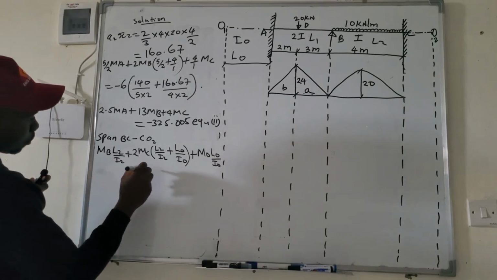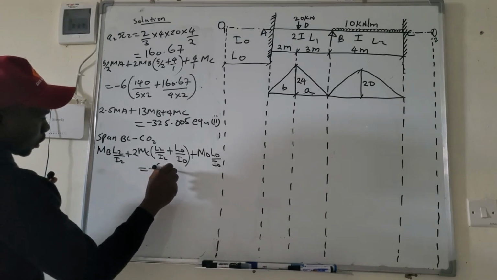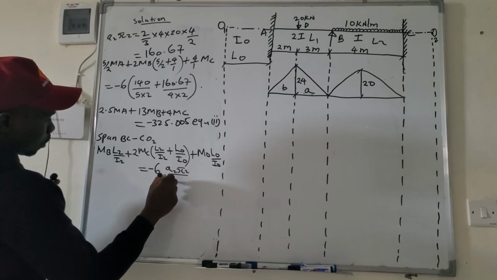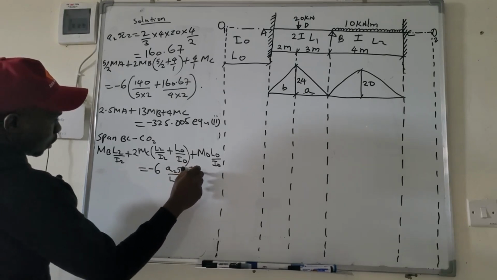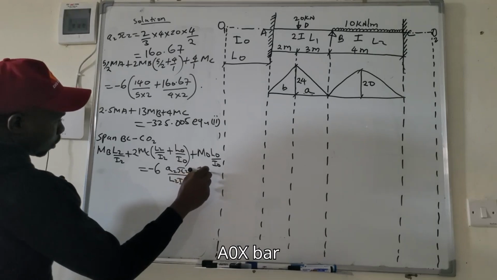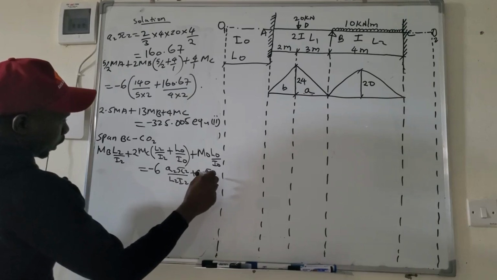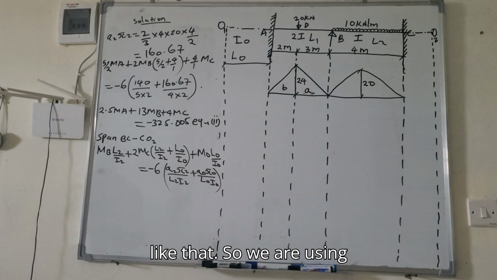minus 6 A2 x bar 2 L2 I2 plus A0 x bar 0 L0 I0, like that.